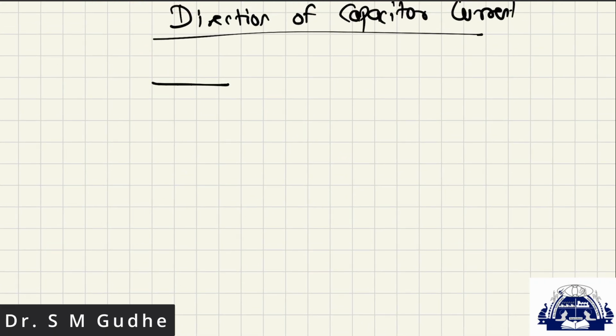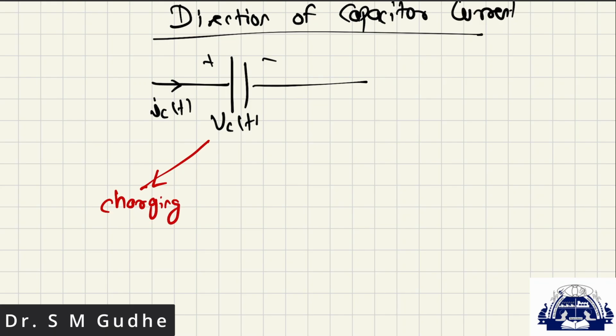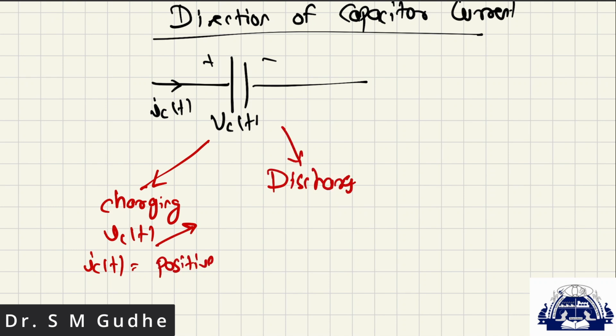One thumb rule we have seen is: do not change the direction of the current and voltage. Here, if the capacitor is charging, then VC of t will be an increasing function and IC of t will be a positive signal. If the capacitor is discharging, then VC of t will be a decreasing signal and IC of t will be negative.